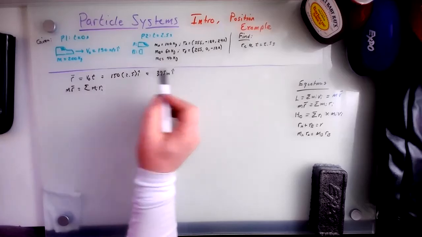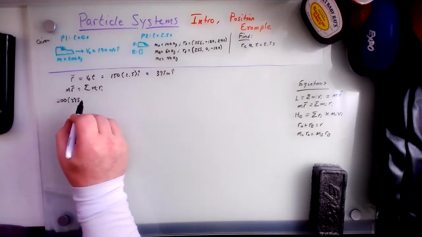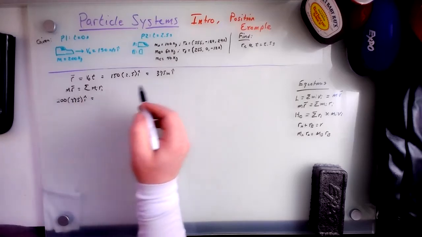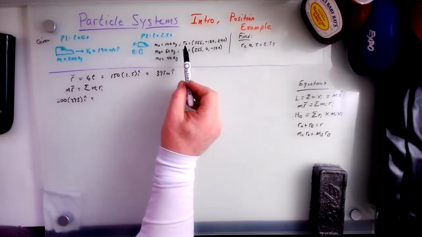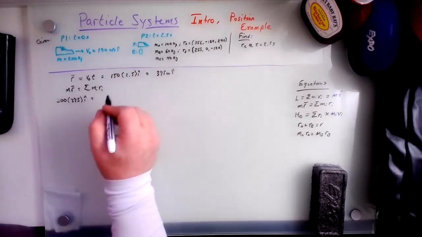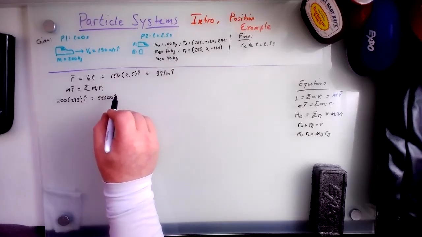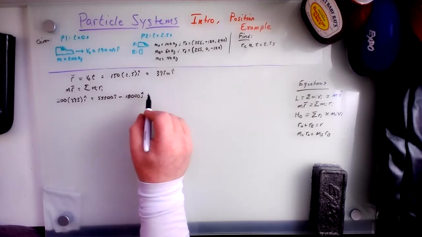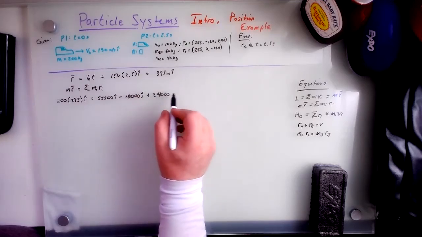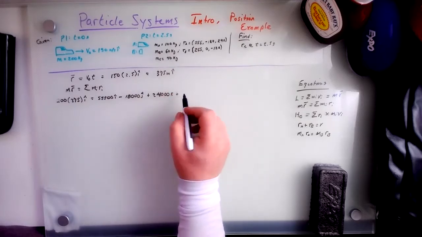If we write this out, then M is 200 times 375 I is equal to, now we just plug things in, the mass times R for A and for B. So that is 100 times 555 is 5,500 I minus 180 100 J plus 240 100 K. For B, that's plus 153.